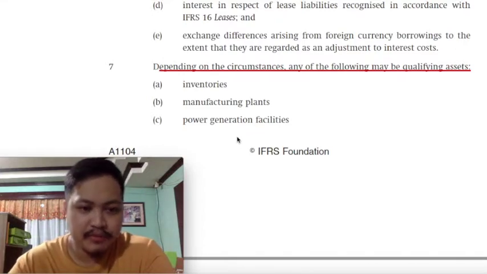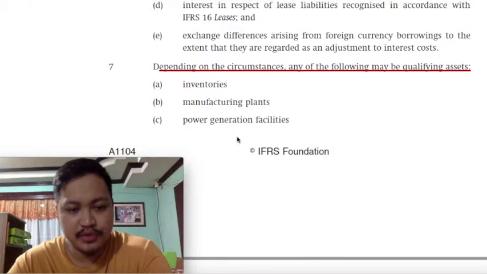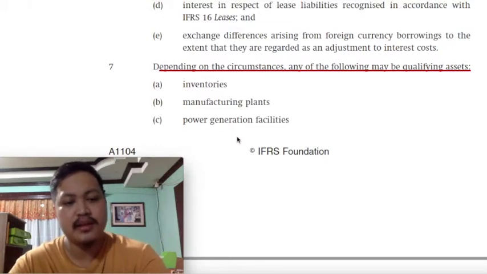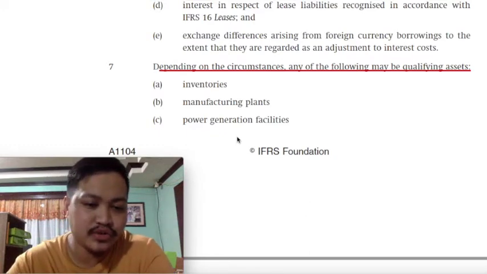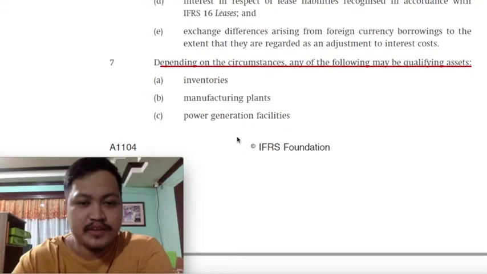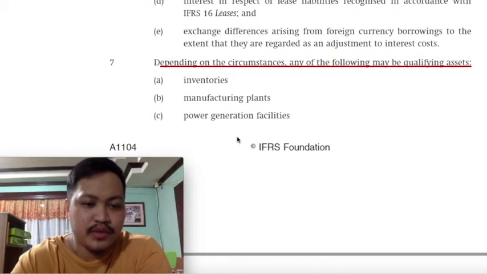So the important thing to remember here, class, is that indeed inventory may be a qualifying asset, but if it's produced in large quantities and on a repetitive basis, then PAS 23 will no longer be applied. Hence, no capitalization of borrowing cost. So please take note of inventories. This would be the common point of contention in whether or not you can get the question right or wrong.